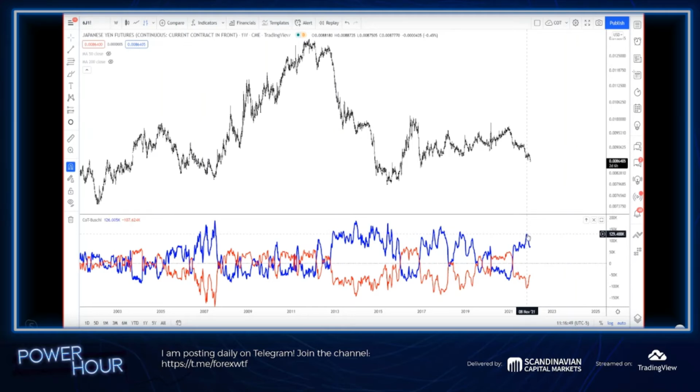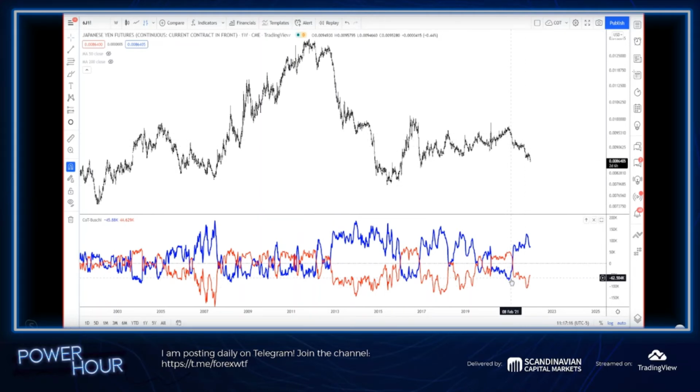They are quite the opposite, and they tend to be right at the turn. They will hold their biggest long position at or near price lows. That's the blue line. And they will hold their biggest short position at or near price highs. Last year in January, they held a big short position. That was the high.